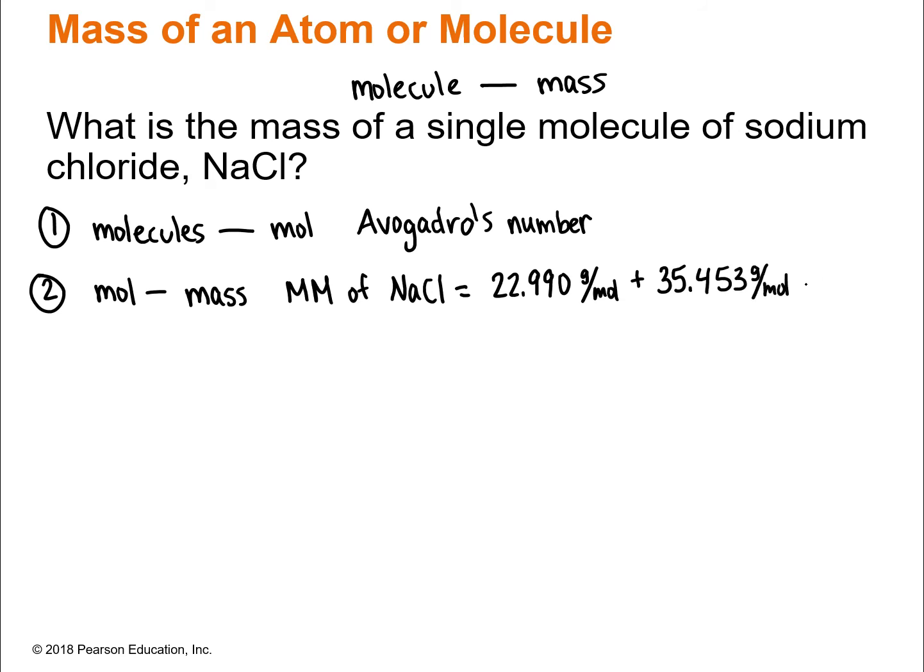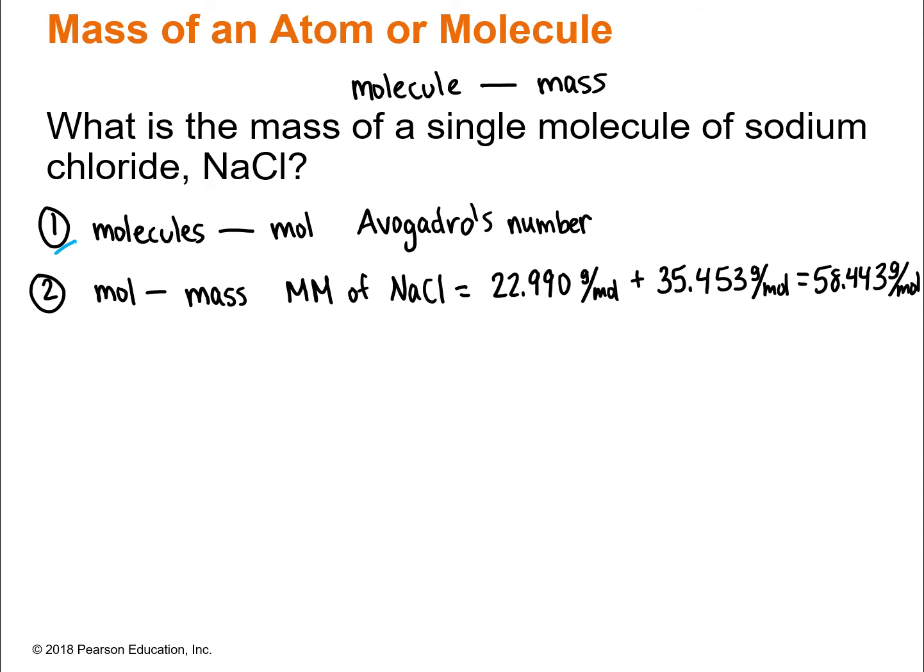We need to figure out our molar mass. So you take the numbers from the periodic table for sodium and chlorine and add them together. Now we need to write our equation.